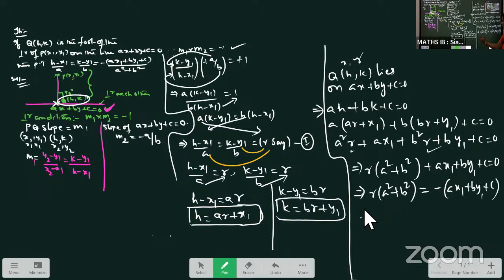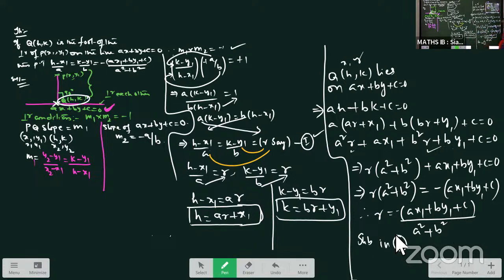Therefore, r is equal to minus of ax1 plus by1 plus c by a square plus b square. What we have to do? That is to be substituted here. Substitute in 1. Then what is happening there? That is your final answer.